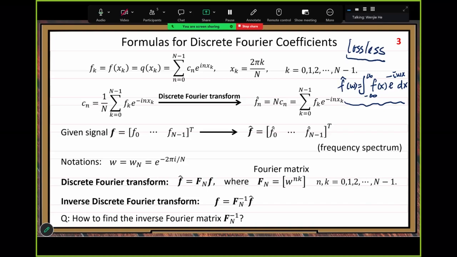But here, this f hat function, the Fourier transform, is already the whole function. So in the frequency domain, that's the whole function. But here it is just one coefficient, one of the capital N coefficients. We need capital N such coefficients, a vector of them, not just one.